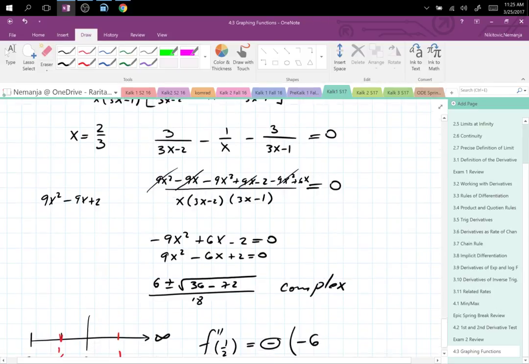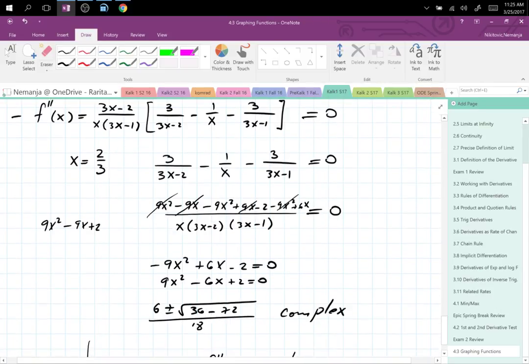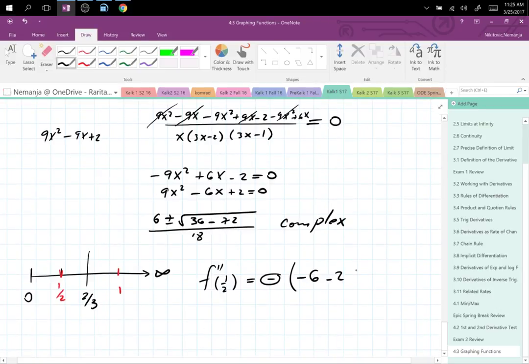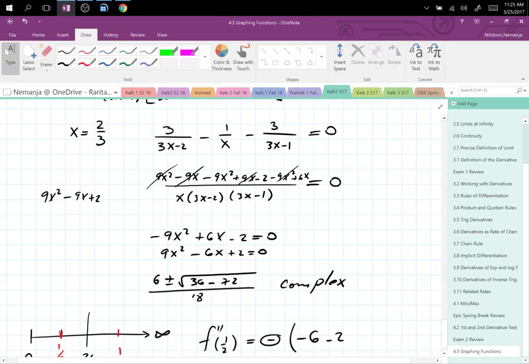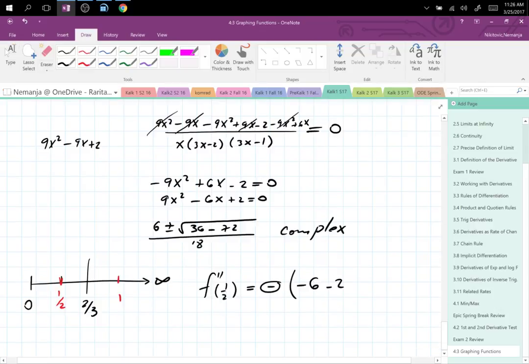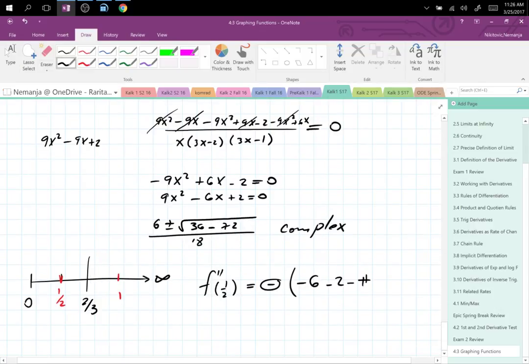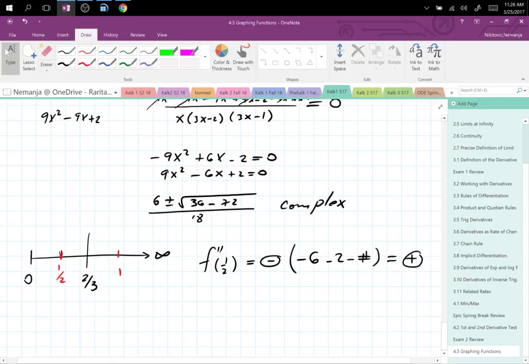When I plug in 1/2 in the parenthesis there, it becomes negative 2. And when I plug in a half on the last one, 3/2 minus 1. So it's still a minus a number, I don't care what. Negative times negative is positive. So concave up. I don't care what the values are.